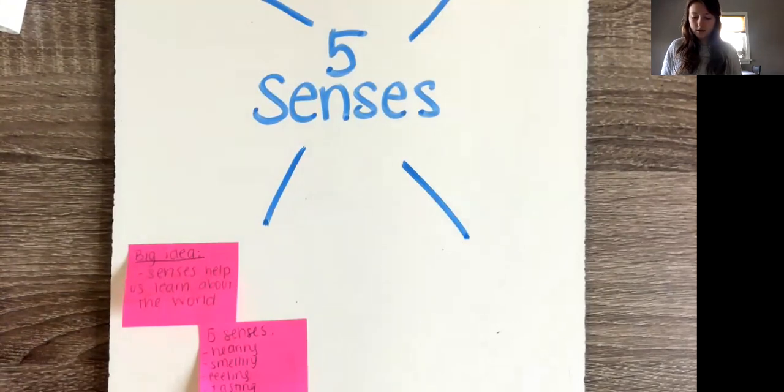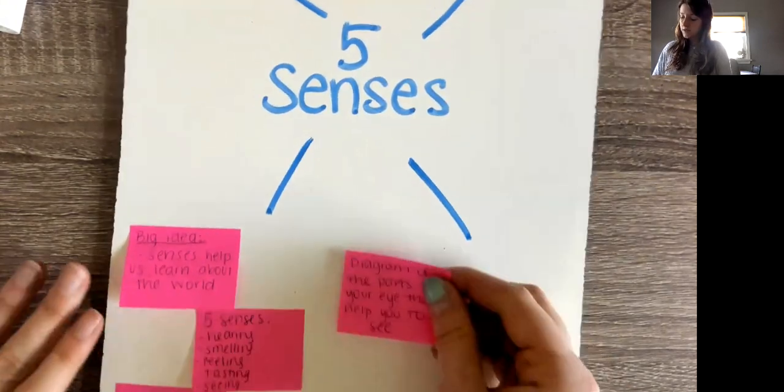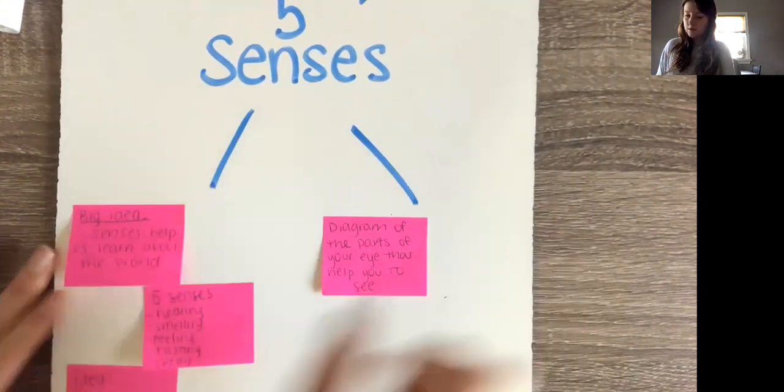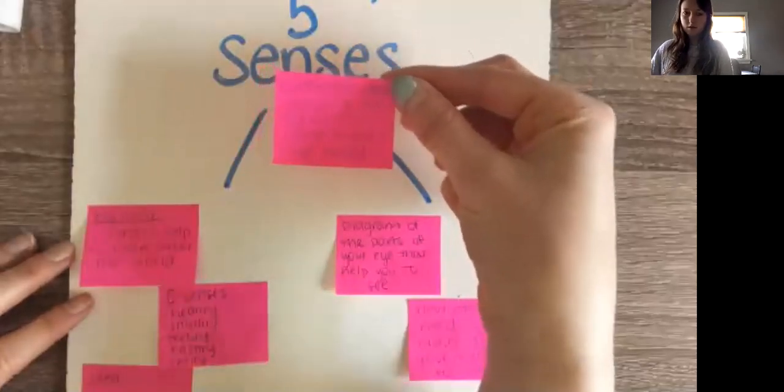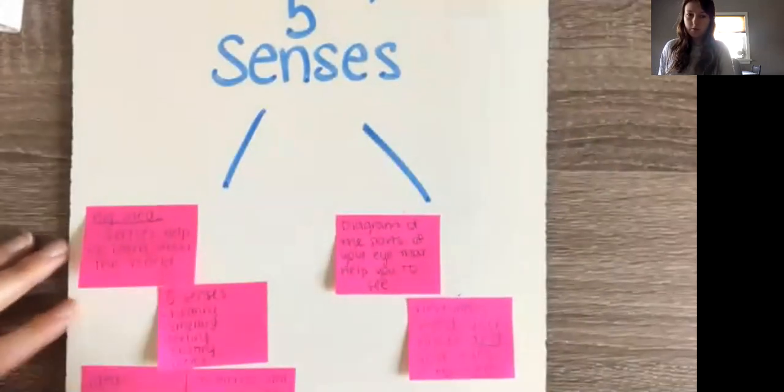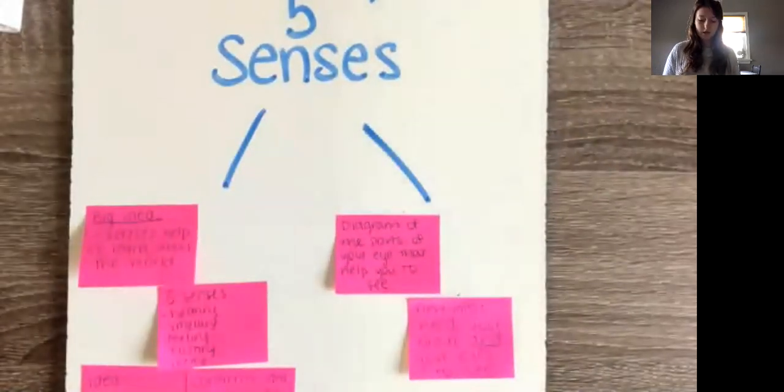Right, and then I started learning about my eyes. So I'm going to put the eyes post-it notes together. Diagram. So you need your brain and your eyes to see. Right, this one said confirms the ideas about using senses to learn about the world. So I'm going to keep this down here with my big idea that matches that big idea.